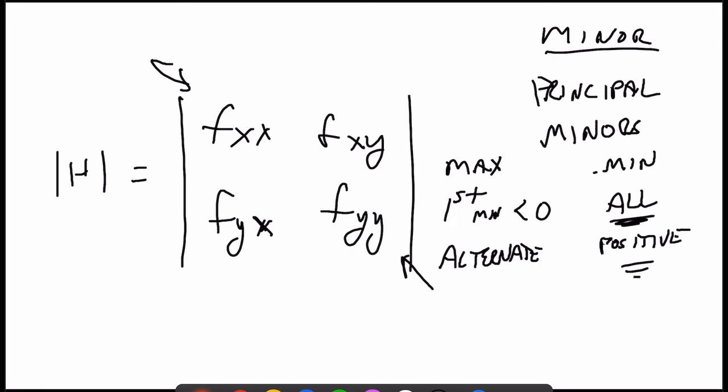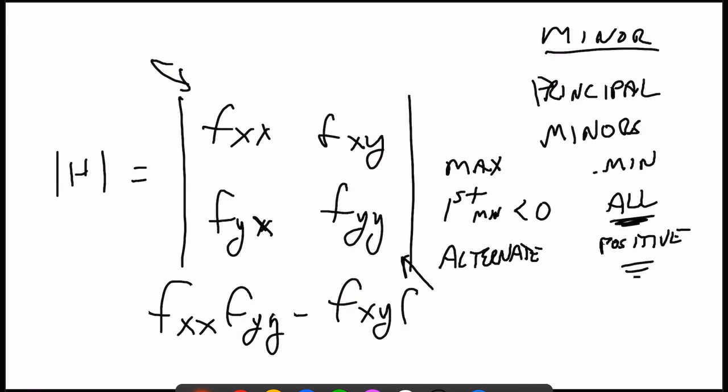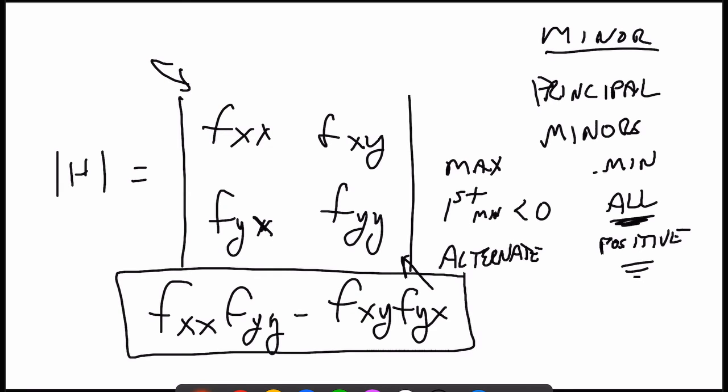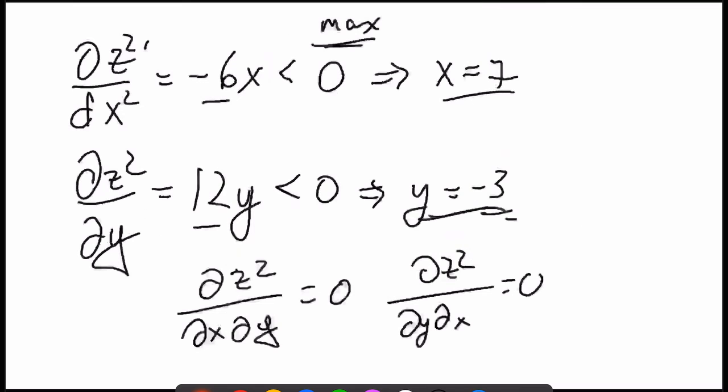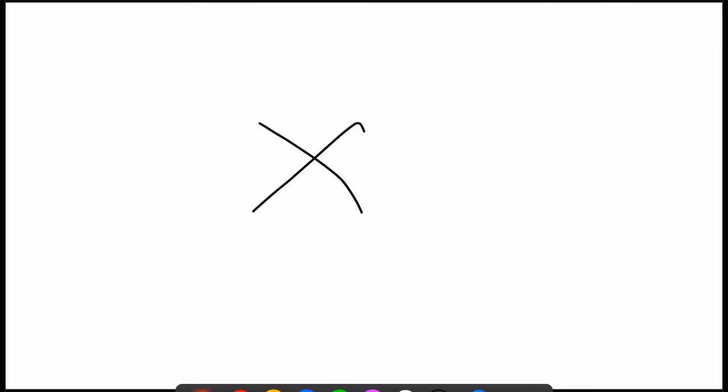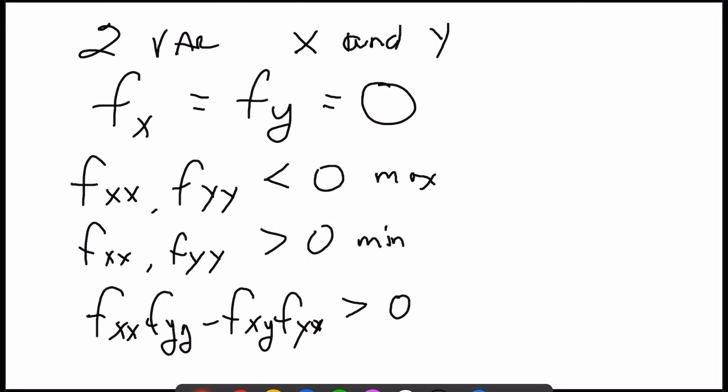Because what's the determinant of this? The determinant of this is fxx fyy minus fxy fyx. That, my friends, greater than 0 in both cases, is exactly back to that.